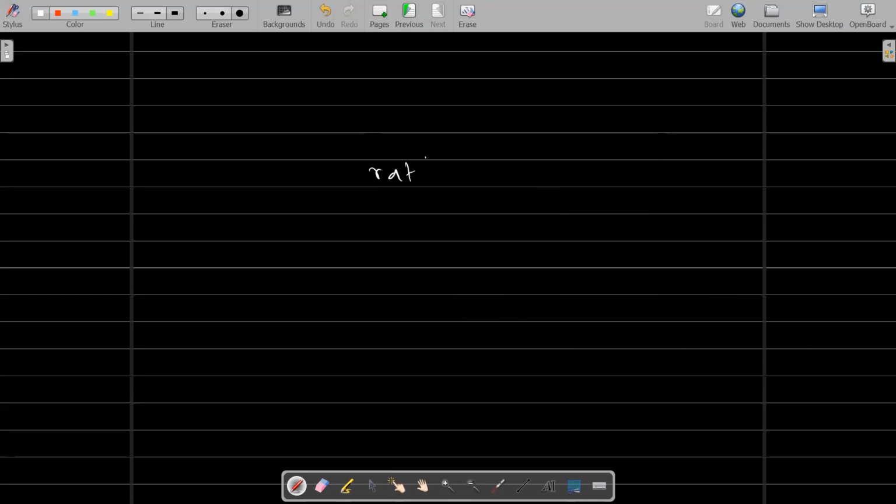If I take a rational raised to rational, will it be rational? Not always, sir. 2 raised to 1 by 2 is root 2. Everyone agrees 2 is rational, and half is rational. But 2 raised to half, which we denote by root 2, and just today we proved root 2 is not a rational. So here is one simple example that rational raised to rational may not be rational.